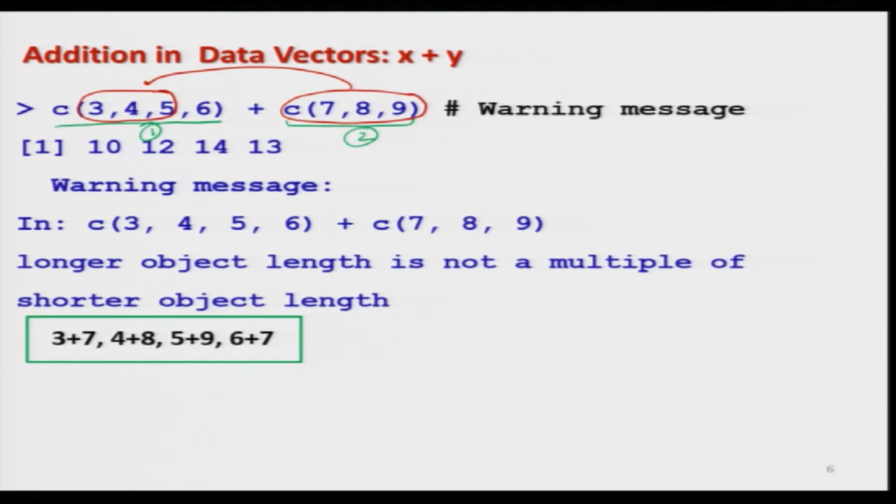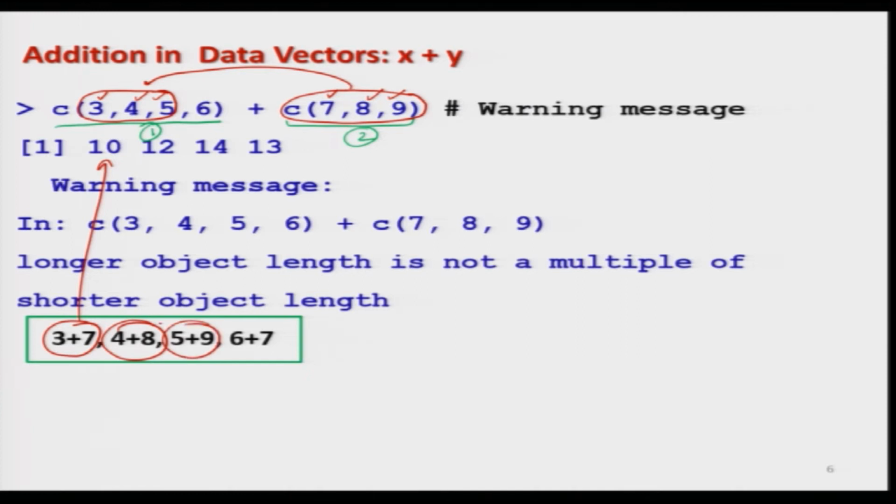The first element of data vector 1, which is 3, is added with the first element of data vector 2, which is 7, giving 3 plus 7, which is 10. Now the same operation happens with the remaining elements of data vector 1, which are 4 and 5, and the remaining values 8 and 9 of data vector 2. So we get 4 plus 8 and 5 plus 9.